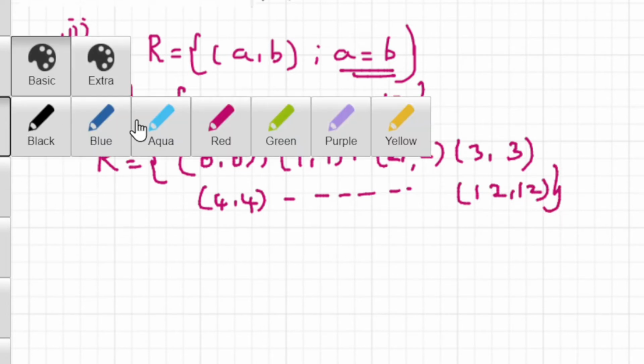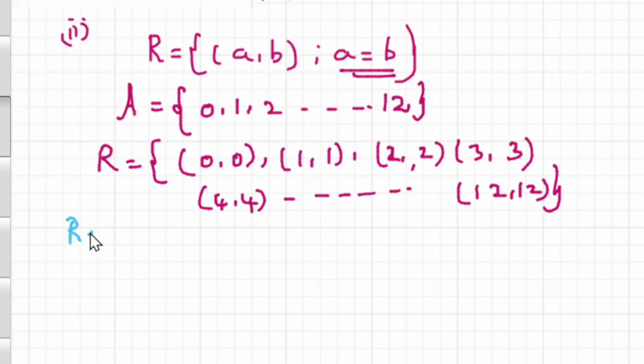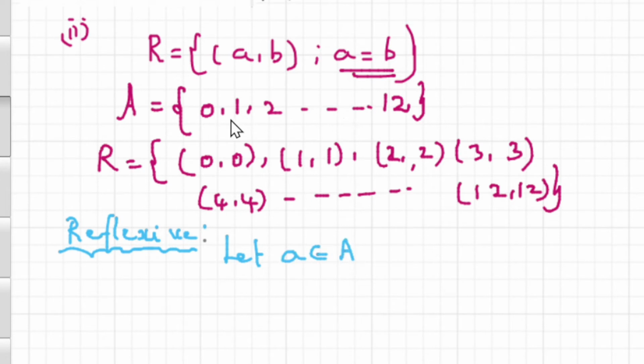Then from this we have to check reflexive. For reflexive, we know that A comma A belongs to R. So let us take A belonging to the set A, any element A from this set, with the condition A is equal to A. Here all the ordered pairs have equal entries, both the elements are equal.